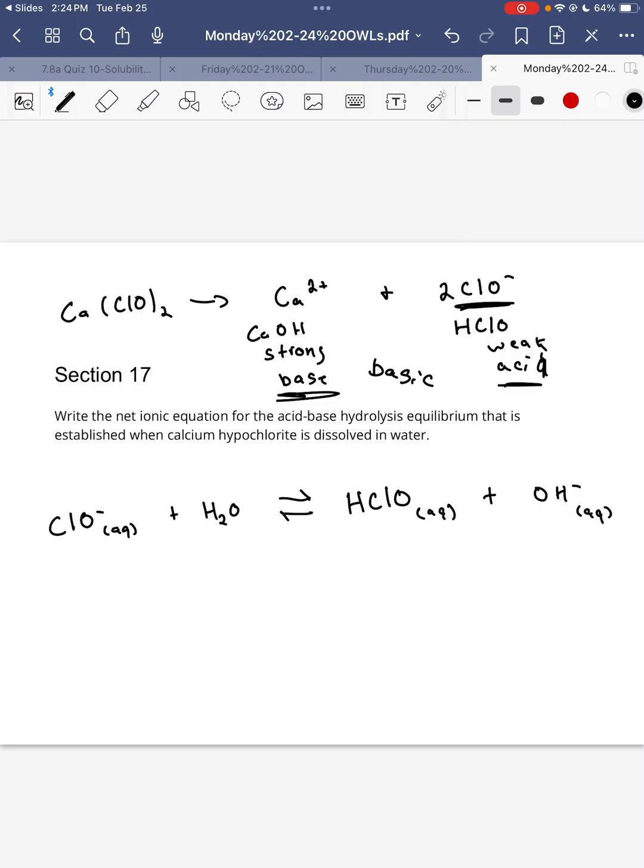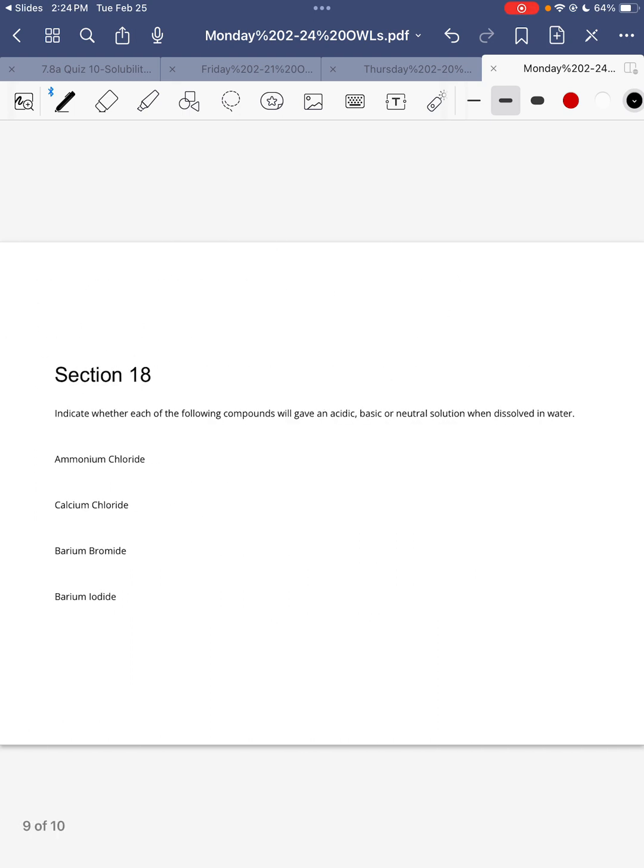Okay? Hopefully after two of those, we're kind of getting the hang of it. And if not, I think section 18 is a really good way of practicing how we can see those strong, strong, weak, strong interactions.